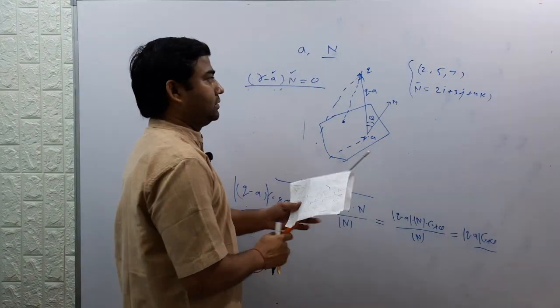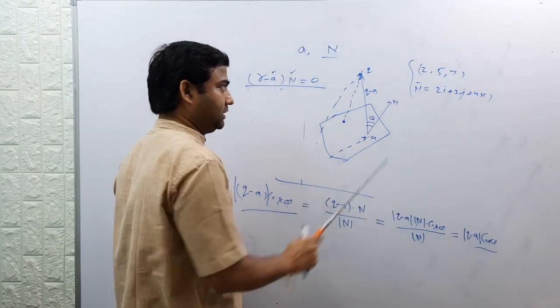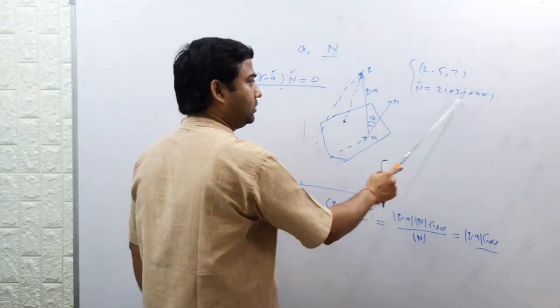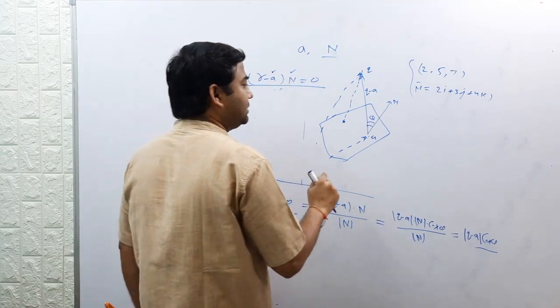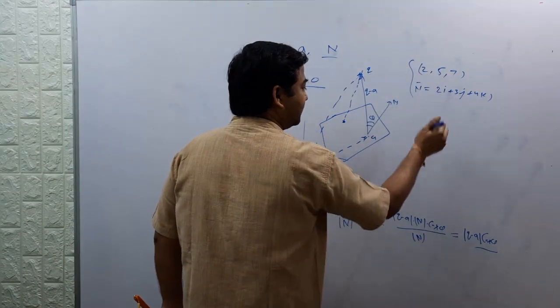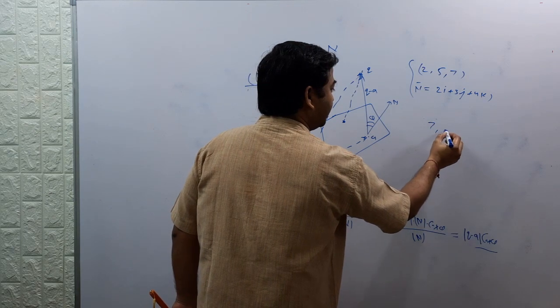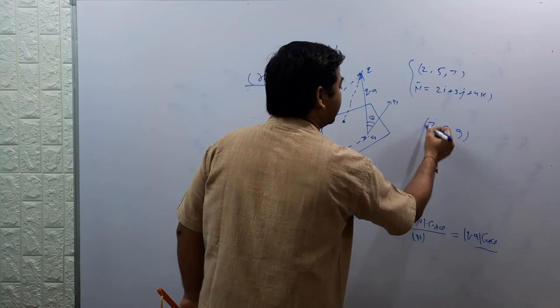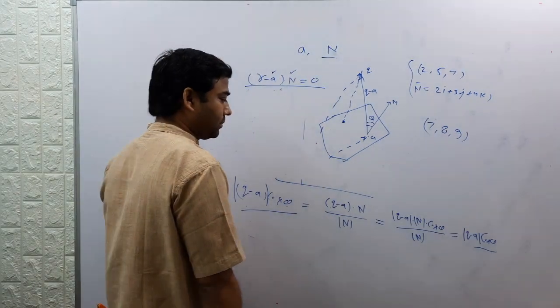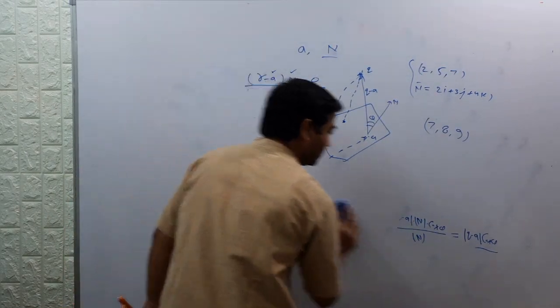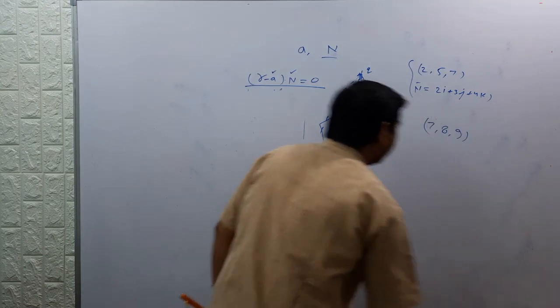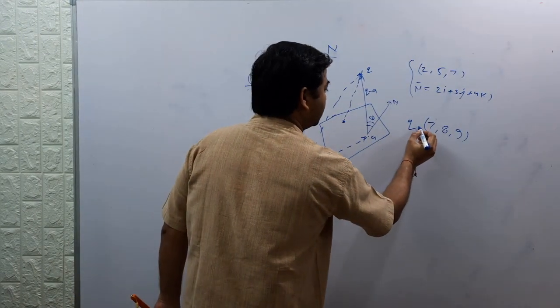This passes through this point and is perpendicular to this vector. Now we have to find the distance of this plane from point 7, 8, 9. So this is point Q.